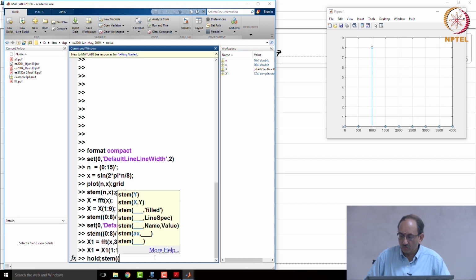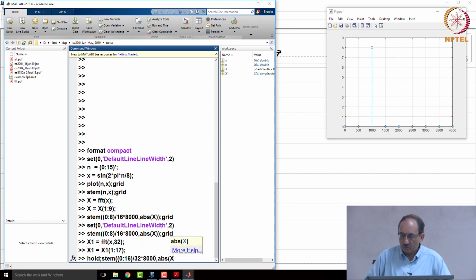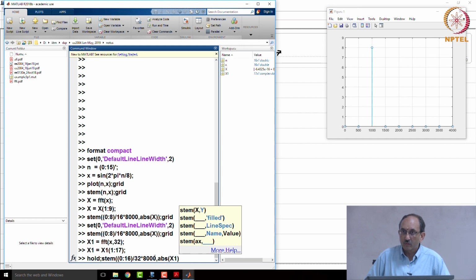So we are going to plot from 0 to 16 by 32, because N is 32, times fs, and now you have to plot the absolute value of the new 32-point transform, and then we will show it in a different color.